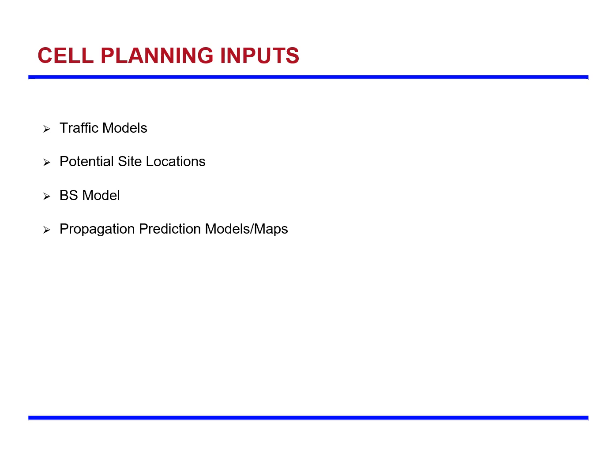Potential site locations. Theoretically, a base station can be installed anywhere. However, in the real world, a set of candidate sites is first predetermined and used as input to the CP to incorporate the real estate constraints.